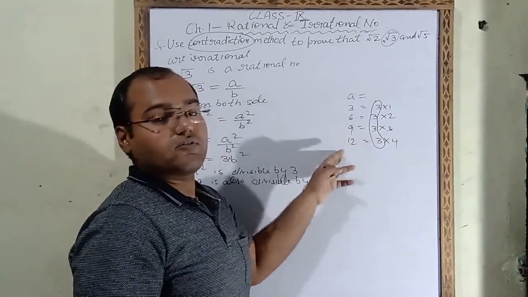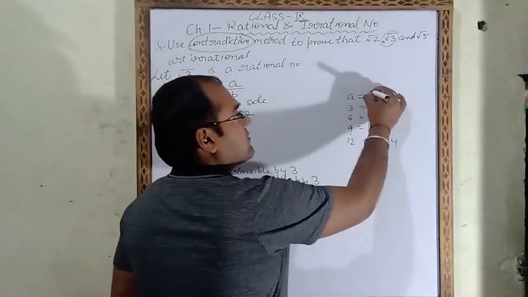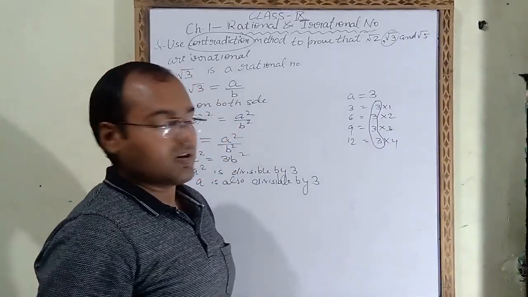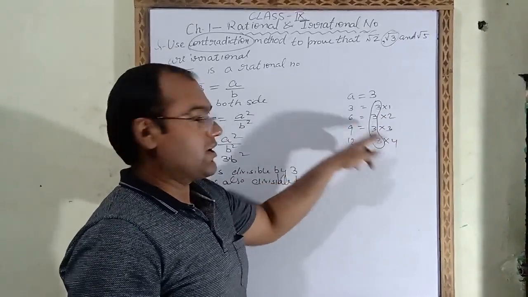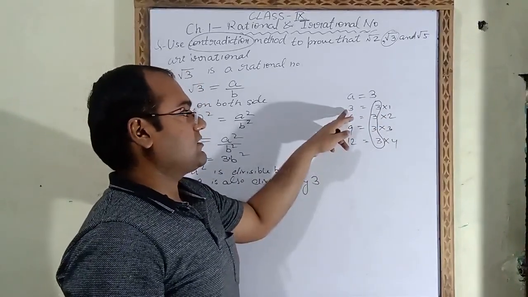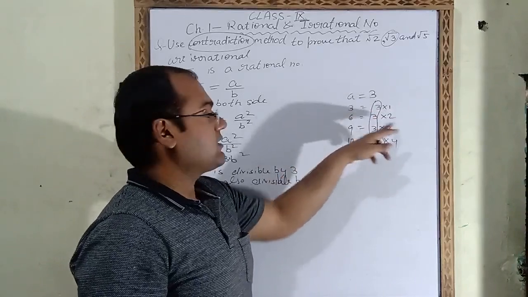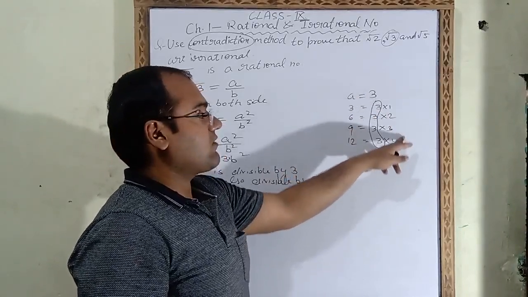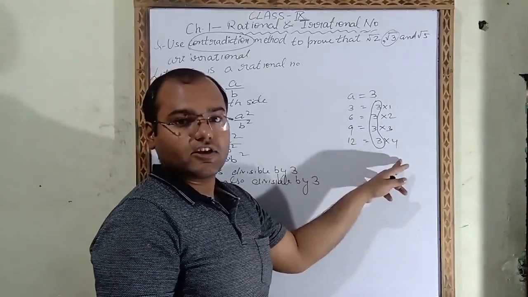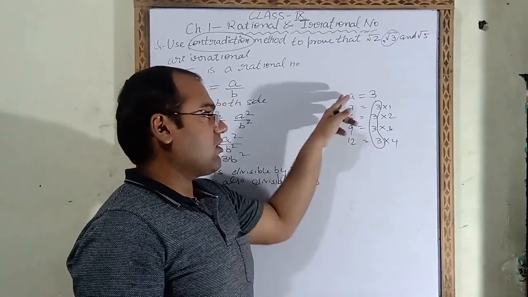Because these all numbers are divisible by 3. Therefore I have taken it as it is. These other values are getting changed according to the answer. For 3 we get 3 multiply 1, for 6 we get 3 multiply 2. So these values are getting changed according to the answer of a.